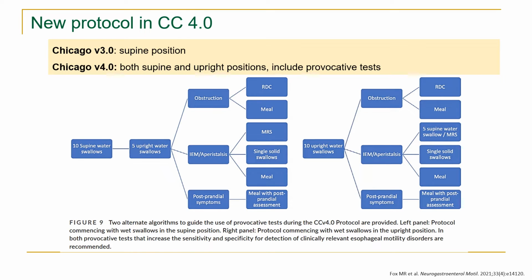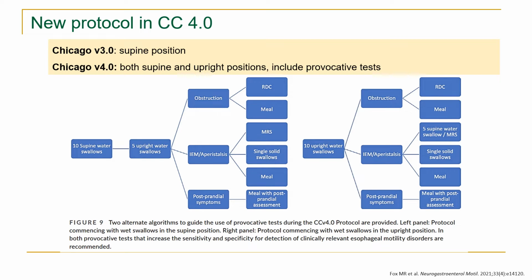According to the different symptoms of the patients, it could be symptoms of obstruction, or symptoms of reflux, or postprandial symptoms. We could use a specific provocative test. For example, if the patients present with obstruction symptoms, we could use the meal or the rapid swallow test in the provocative procedures.